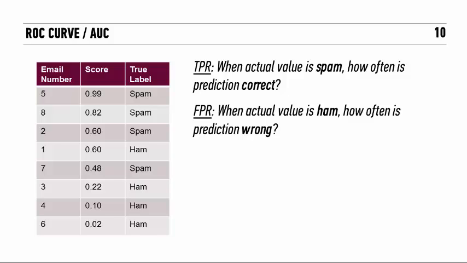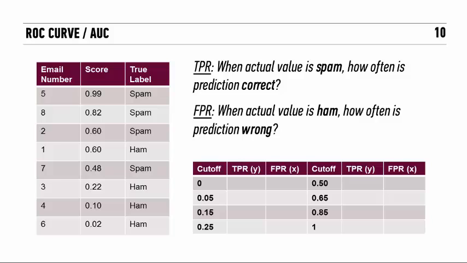So that being said, how good is this model? Using the ROC curve. Here is the way the ROC curve works. The ROC curve picks multiple values for cutoffs, for thresholds, and then it evaluates the true positive rate and the false positive rate, and then it plots them against each other.